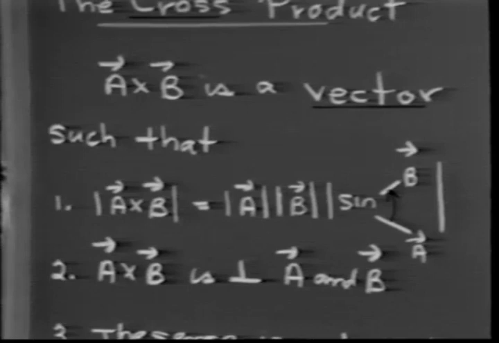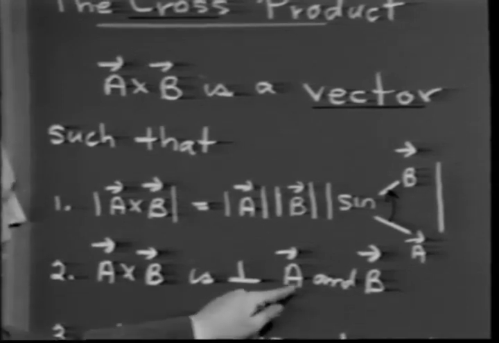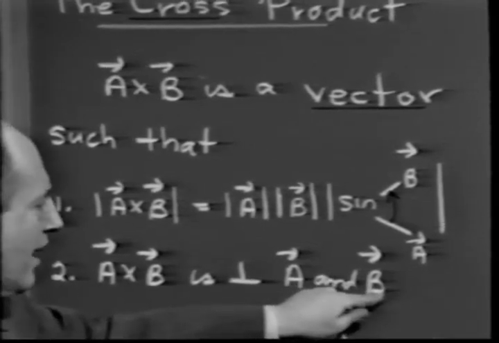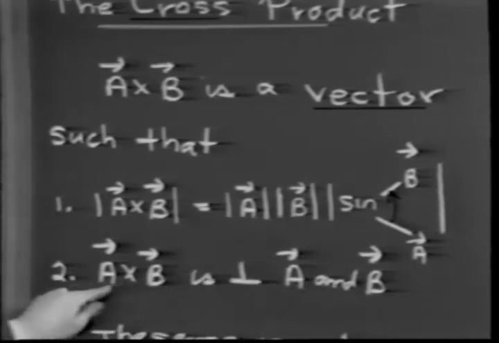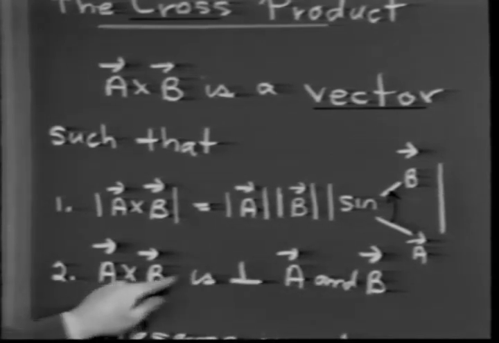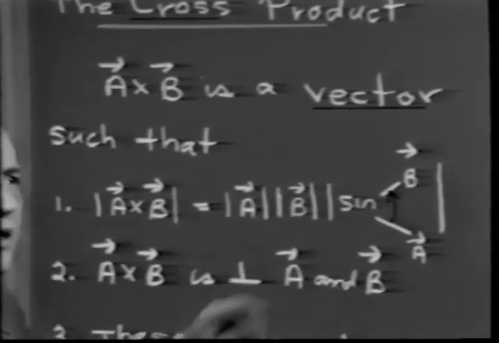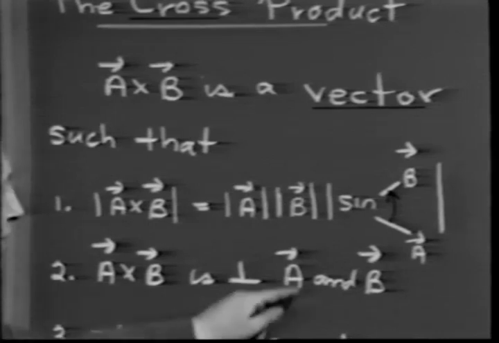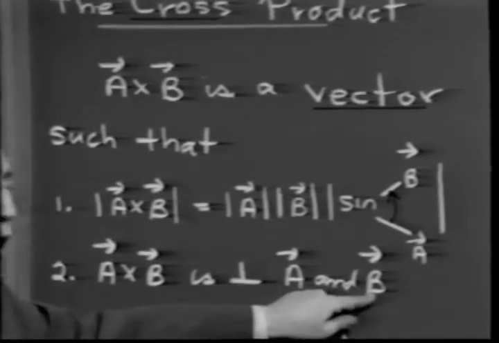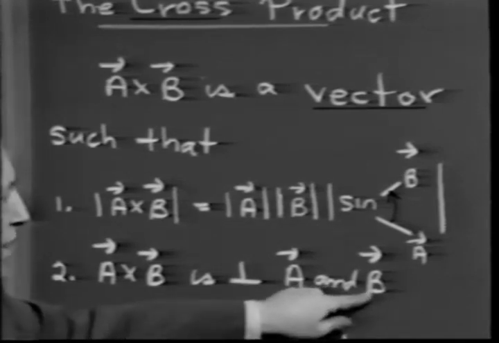All right? Another way of saying that is in the event that A and B are not parallel, then the vectors A and B determine a plane. And what we're saying is that A cross B is then a vector perpendicular to the plane determined by A and B. Right? By the way, if A and B are parallel, they don't determine a plane, because they coincide. They have only one direction.